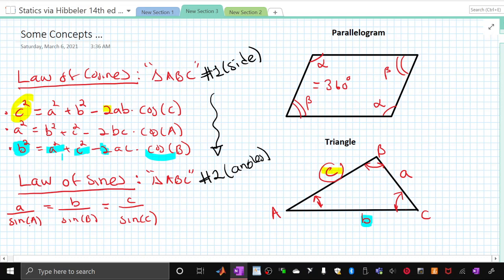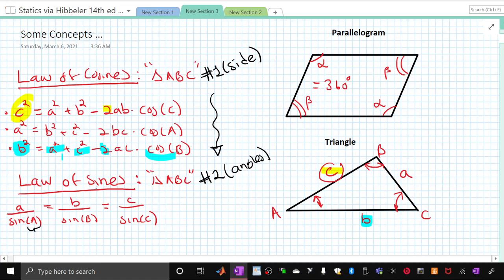If we wanted to find angle A and we don't have it, as we're gonna see in this example, the law of sines is very useful, because we find this constant. Let's say we know the value of C and the sine of its angle, so we have this constant, and maybe we're given a and we're trying to find the sine of A. We could use the law of cosines, but the law of sines is very straightforward.